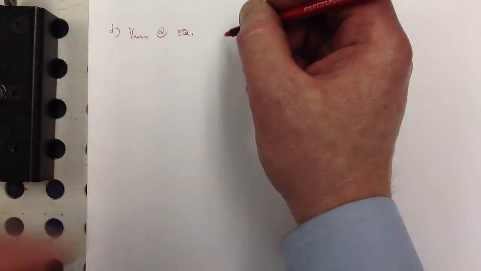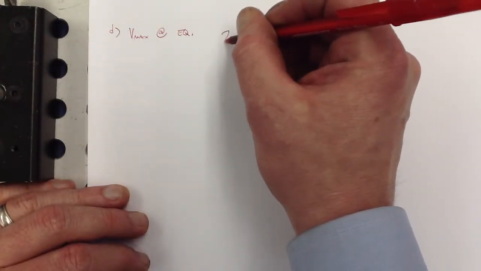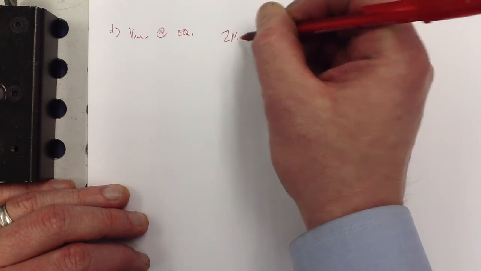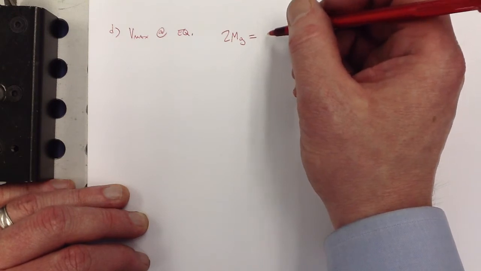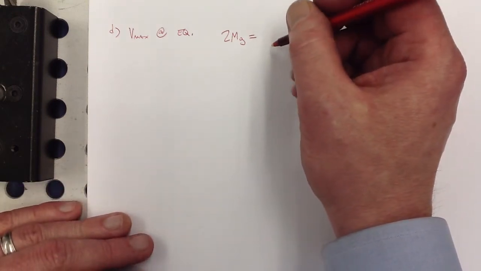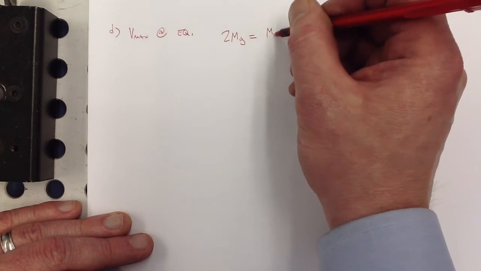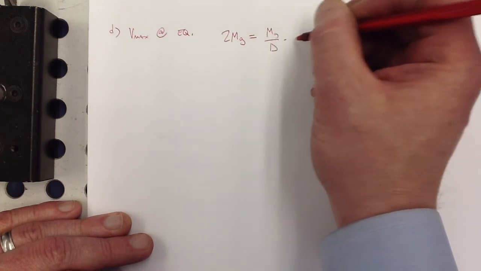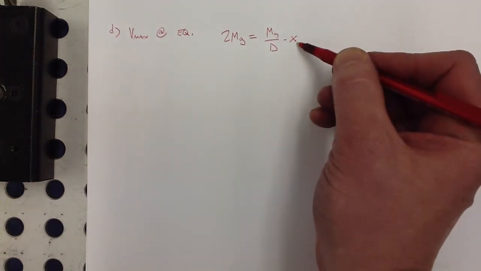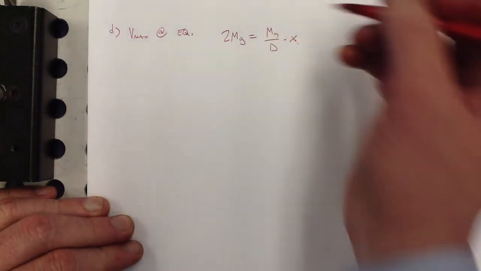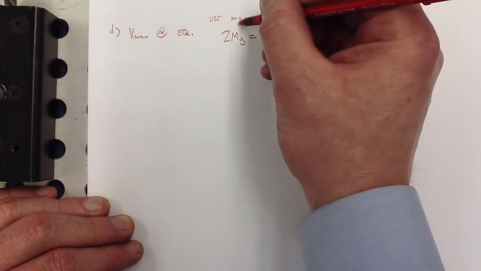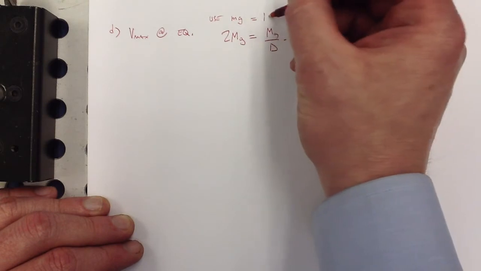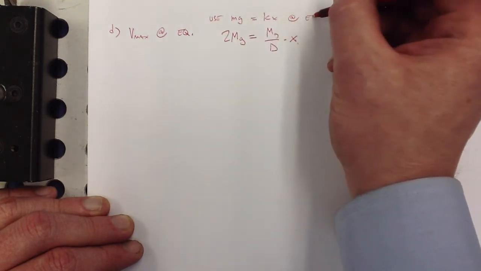So we want to figure out when the mass is 2m. What's our k from the last one? k is equal to mg over d, and we're looking for this distance right here. I should probably write this down. We're using the idea that mg is equal to kx at equilibrium.